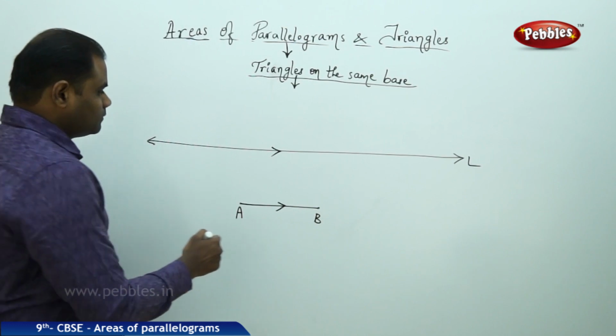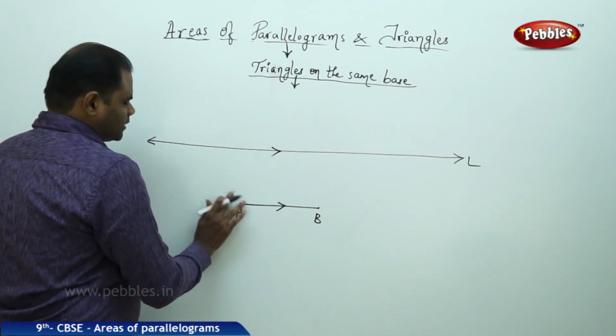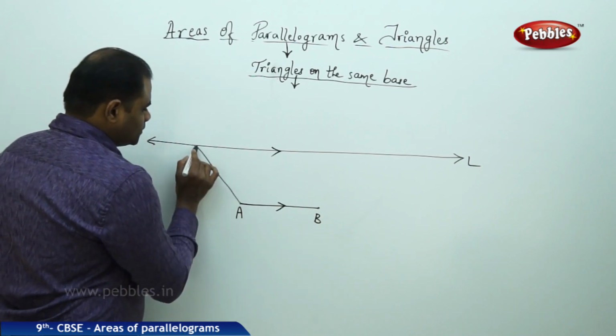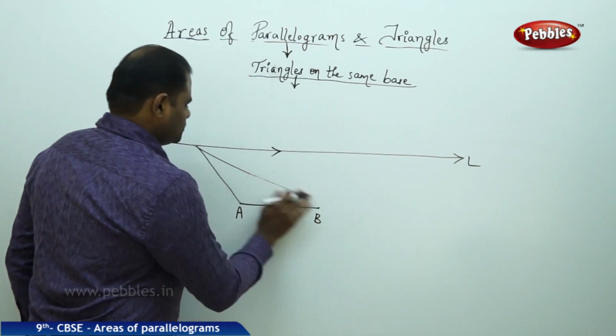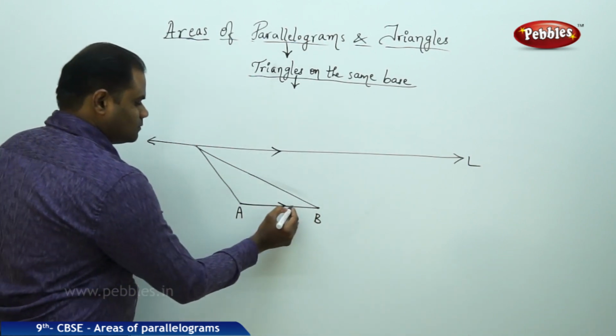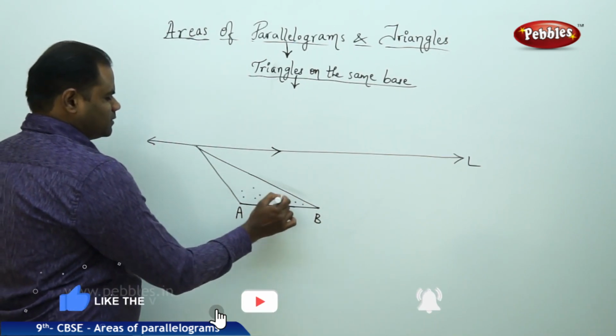So here I have a triangle, say from here to here. That's how I get one triangle which is like this.